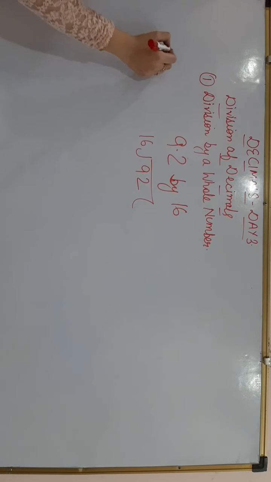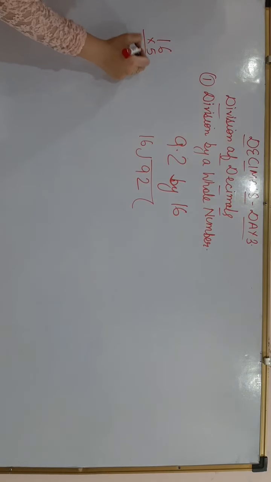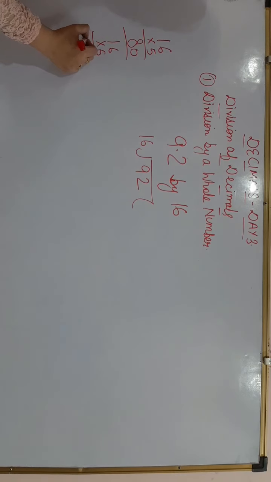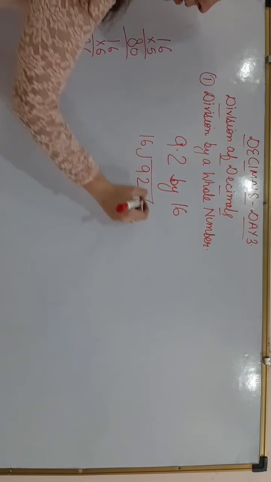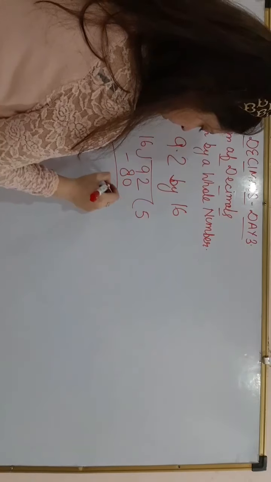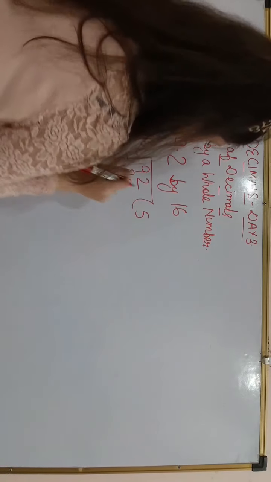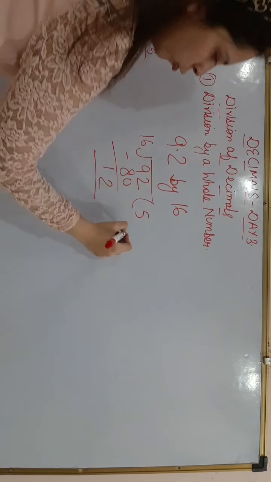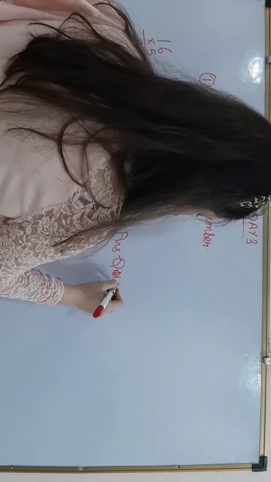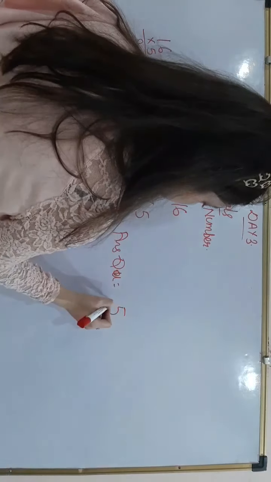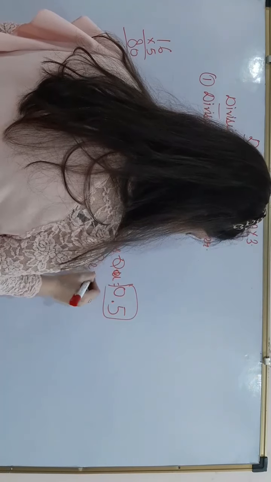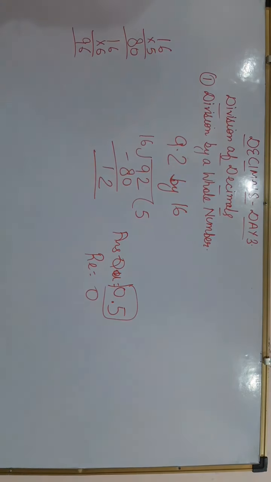As you know, 16 times 5 is 80. Now 16 times 6 is 96. So it will divide by 5. Now put a decimal point before one digit. So the quotient is 5, and put a decimal point before here. So 0.5 is the answer and the remainder is 0 again.